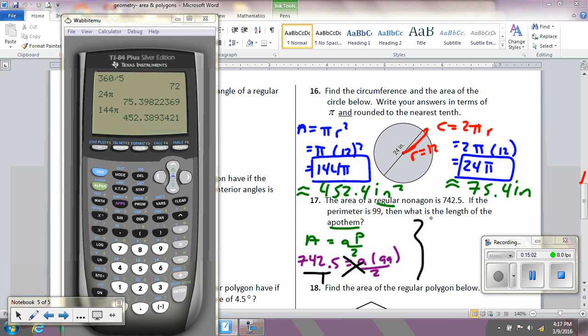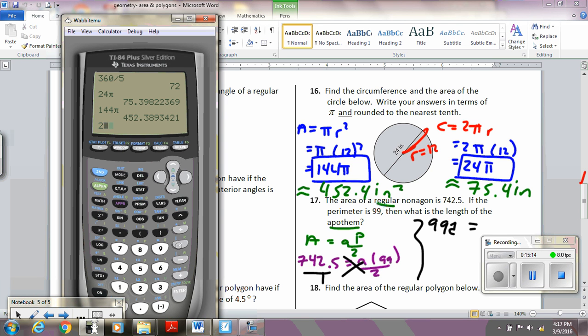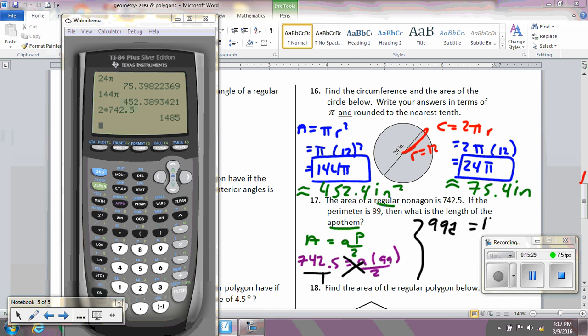When I cross multiply, I would get 99a is equal to 2 times 742.5, which is 1485. So 99a is equal to 1485.